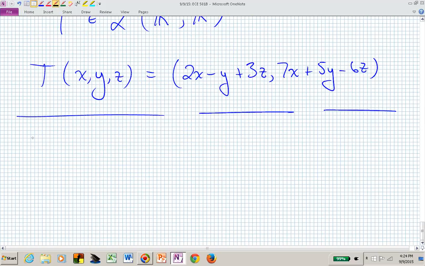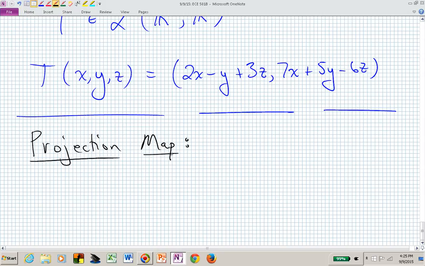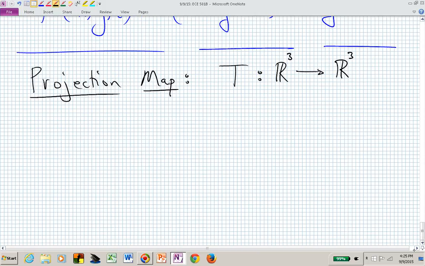Another example: what about the projection map? Meaning now we're going to go from R3 into R3, but we want to project within this three-dimensional space.